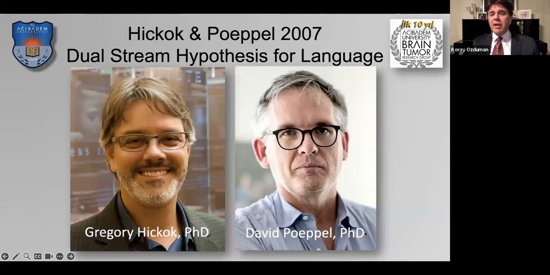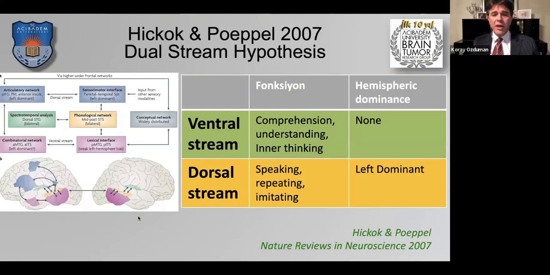Over the years, we learned that the same is true for language. Hickok and Poeppel in 2007 said that there's a dual stream also for language. They said that there's a ventral stream. The ventral stream is located on both hemispheres.